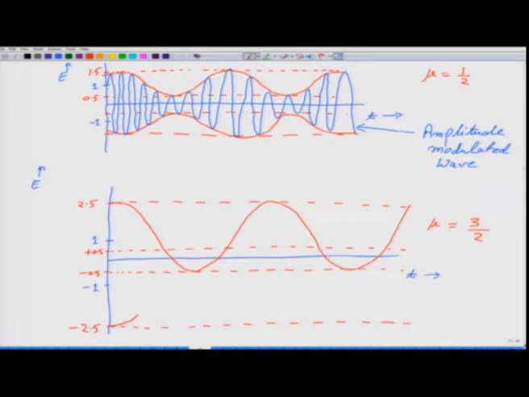Similarly from the negative side also it will go like this and attain its minima here, and this has to join here. So let me redraw it. So it will be like this.